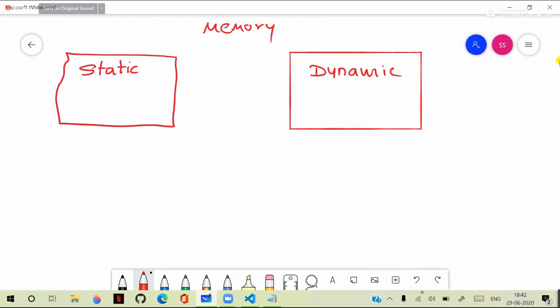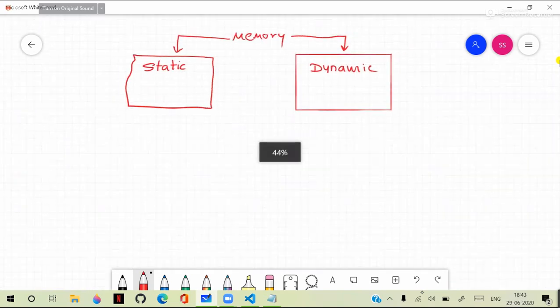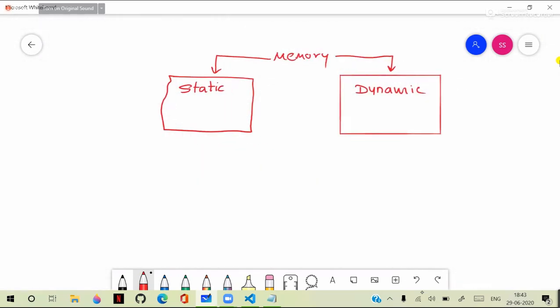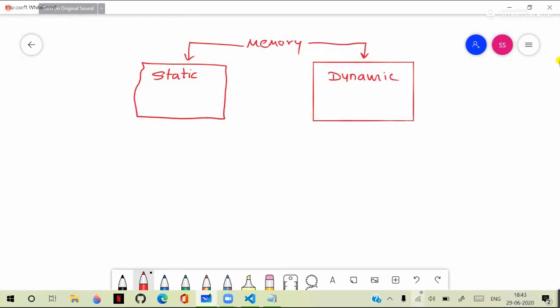We generally have static memory and non-static memory. Anywhere in computer programming, the words static and non-static, static and dynamic, are related to memory: static memory and dynamic memory. What is static memory and what is dynamic, non-static memory?